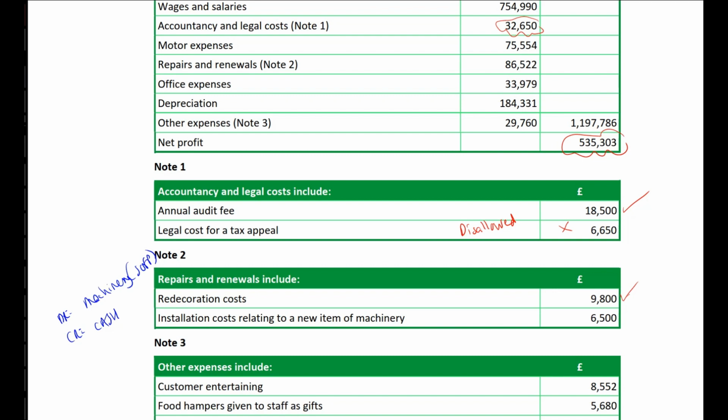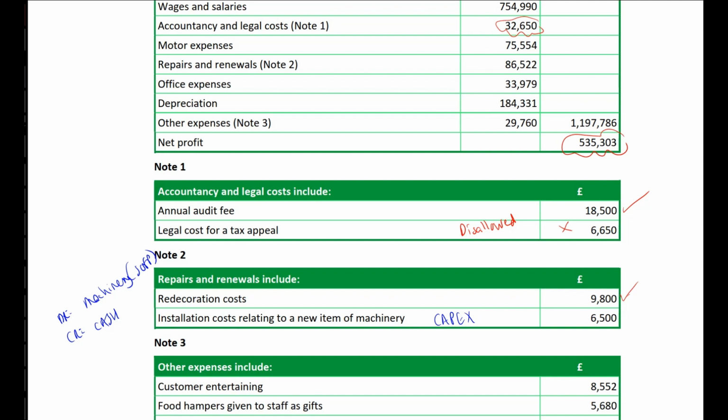But when I put that asset into the statement of financial position, the cost of it should include the installation. So I should actually include that as CapEx. It's all part and parcel of buying a new asset and getting that item installed and working and able to start adding value to the business.